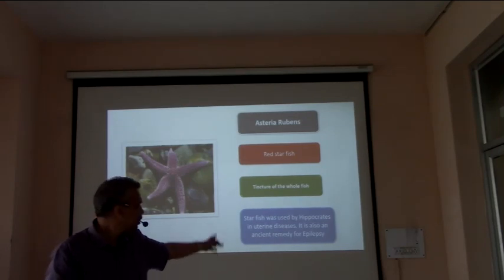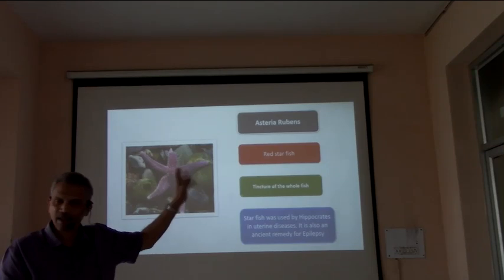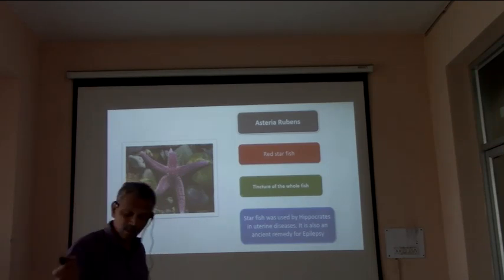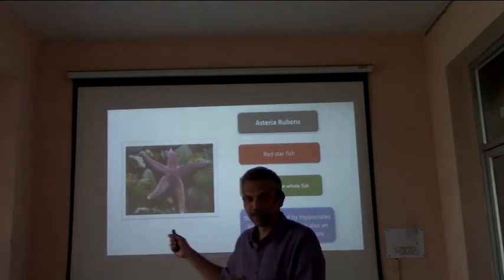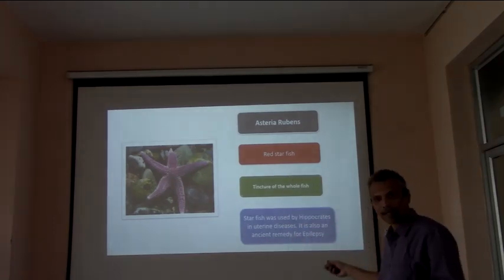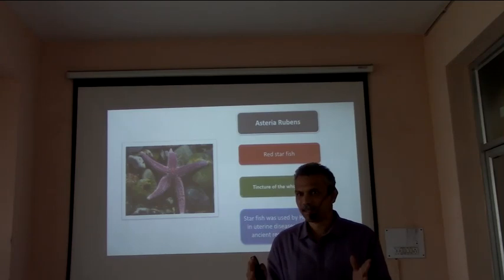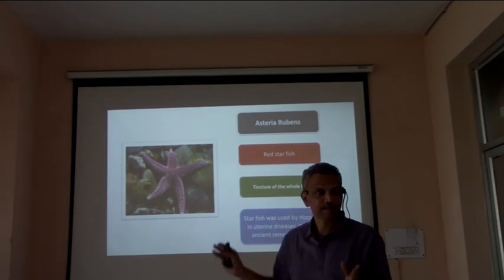So Hippocrates spoke of Asterias long ago, and Asterias Rubens is nothing but our starfish. The common name is red starfish, and the part used is the tincture of the whole fish.